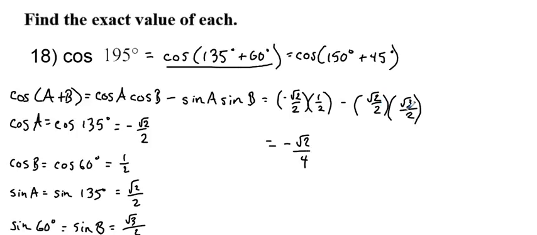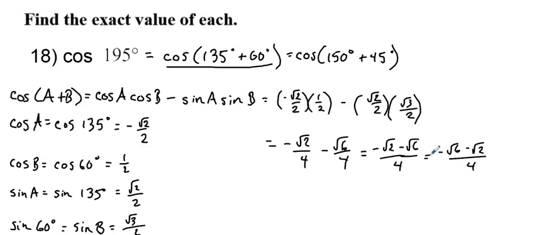Negative times radical 2 over 2 times radical 3 over 2 gives us negative radical 6 over 4, which can also be written as negative radical 2 minus radical 6 over 4, which can also be written as negative radical 6 minus radical 2 over 4.